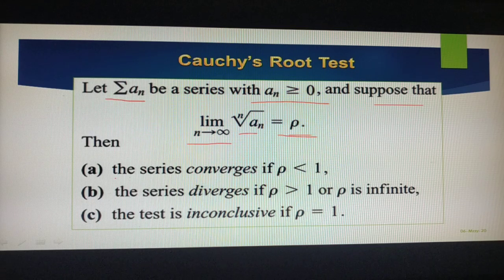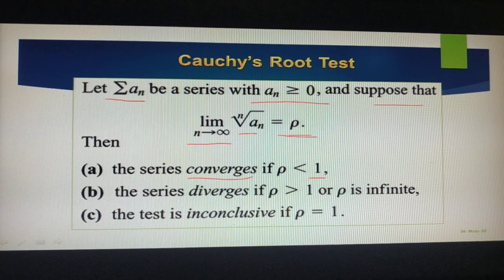Then the series converges if rho is less than 1. The series diverges if rho is greater than 1 or infinite. The test is inconclusive if rho is equal to 1.